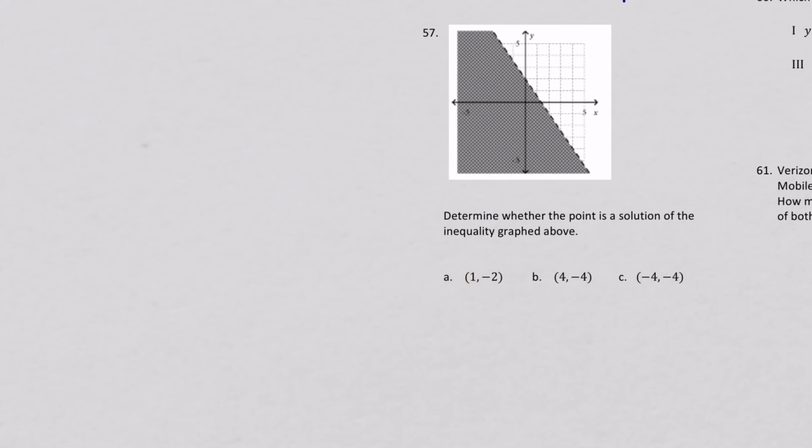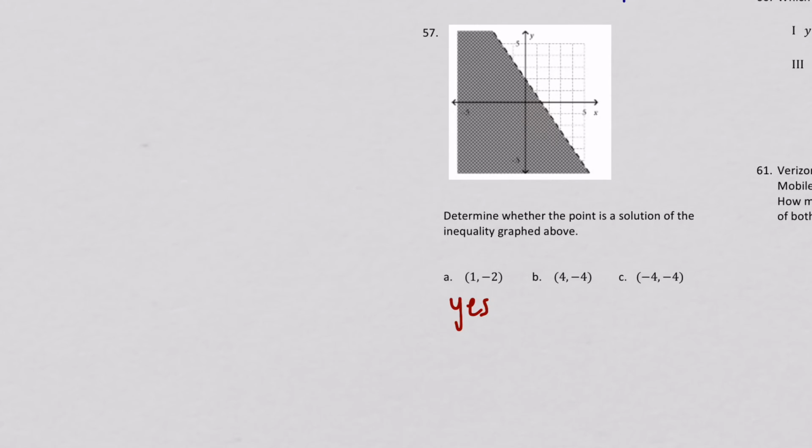1, negative 2. 1, negative 2 is right here. Is it on the shaded area? Yes, it is. Therefore, it is a solution. Okay, so 1, negative 2 is a solution. We're going to say yes. 4, negative 4.